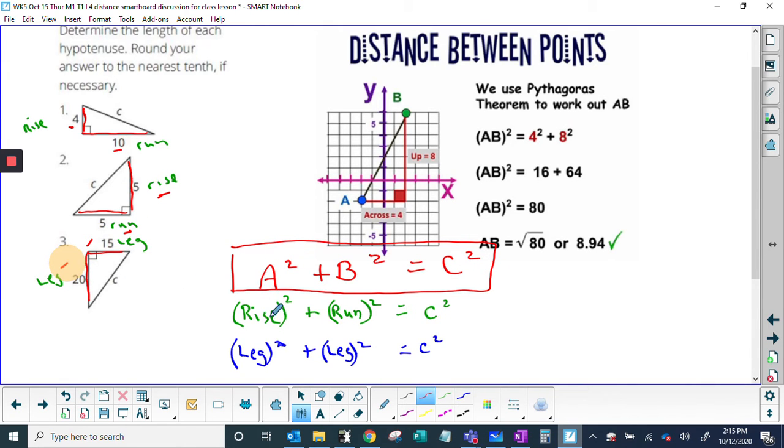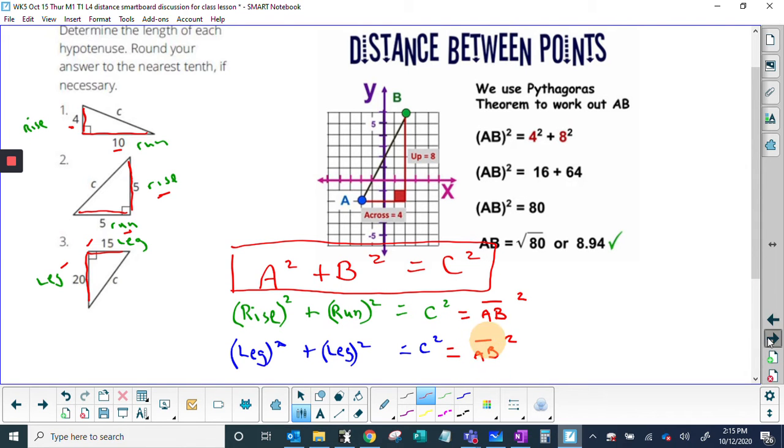Rise squared plus run squared is equal to the distance we're looking for, squared. For segment AB, one leg squared plus the other leg squared is equal to the distance AB squared. So let's do some math.